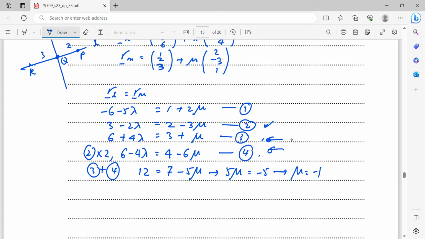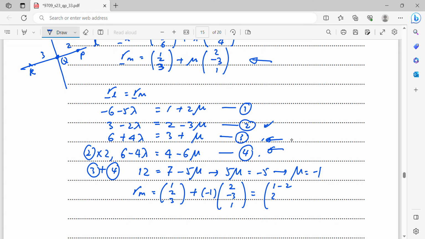Okay, after you have found the mu, no need to solve for the lambda because I can just substitute into rM to find the point on the line M. So now my rM is 1, 2, 3 plus negative 1 multiplied with 2, minus 3, 1. That means my first row is 1 plus minus 2, okay, I do step by step, 1 plus minus 2.